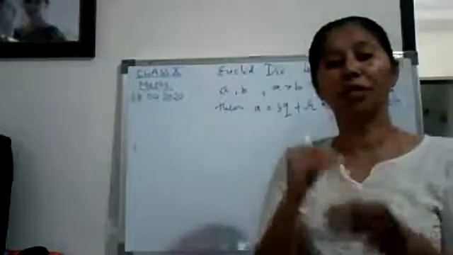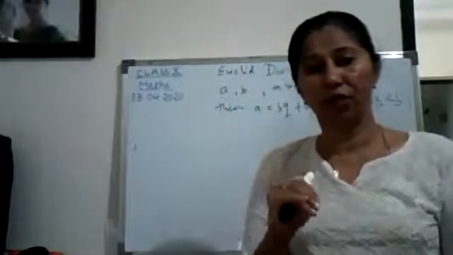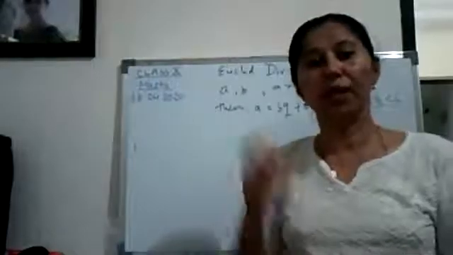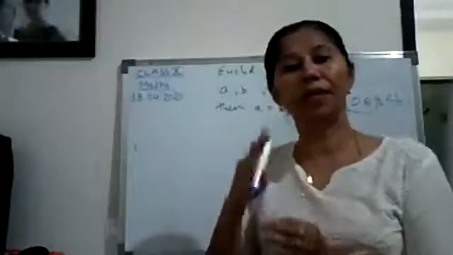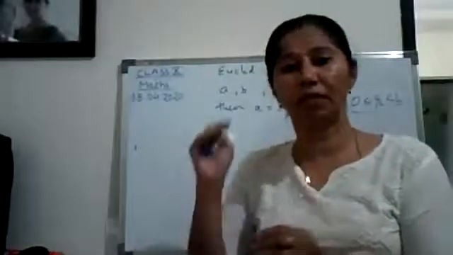Now the concept is very simple for you. You understand the concept, but you have to be careful when it comes to its application, because there are a variety of ways it would be applied.